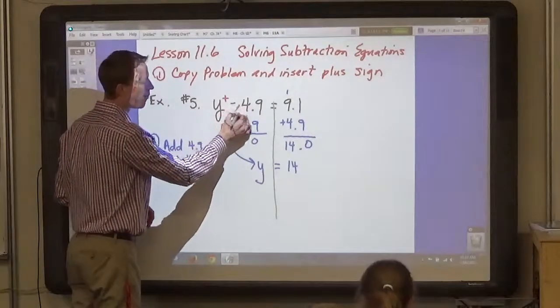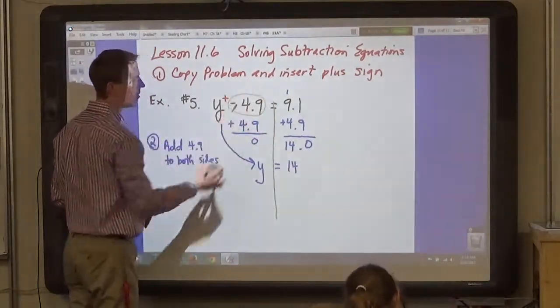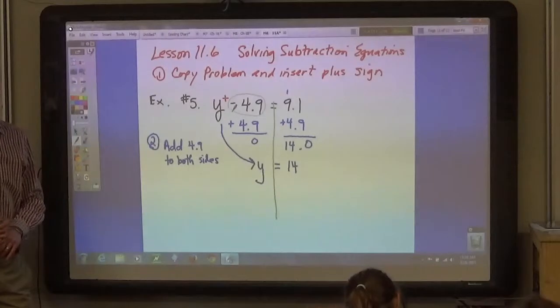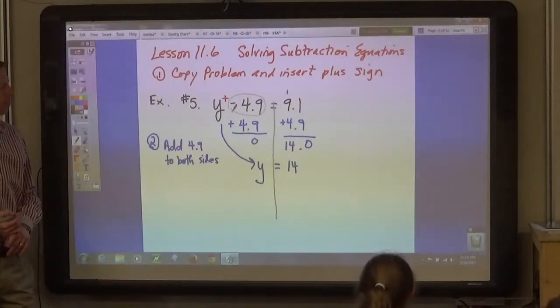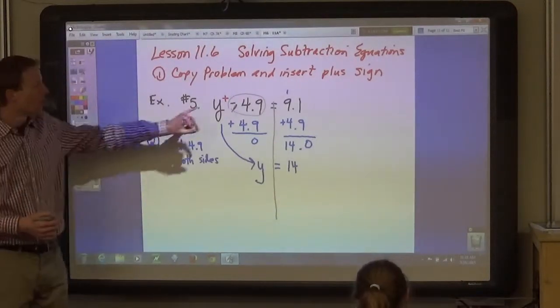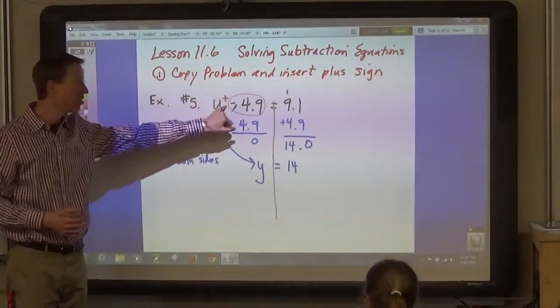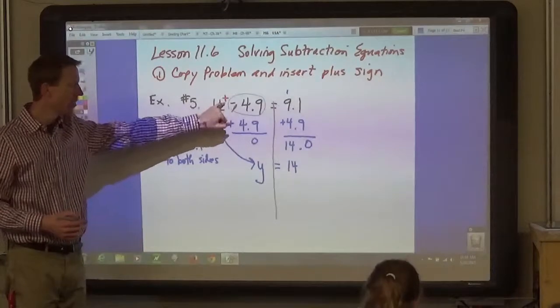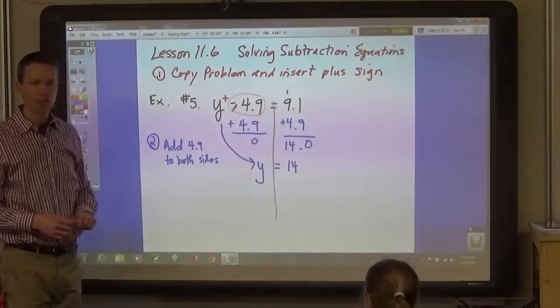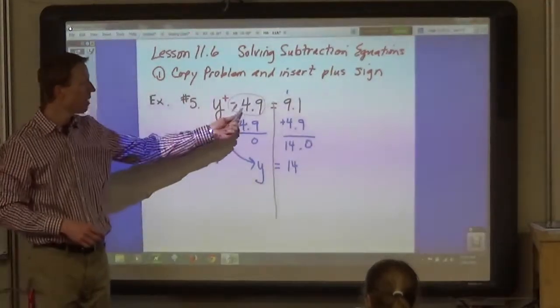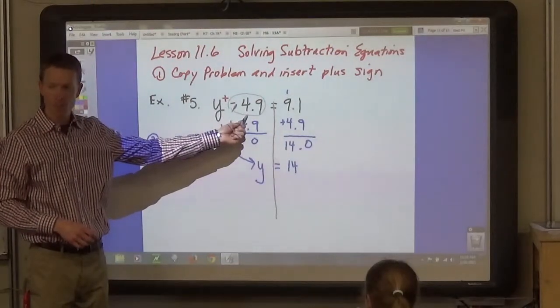The negative sign in front of a number always tells you that that number is negative. So it's really important that you insert an addition sign into a subtraction equation so that you can identify this number as a negative number.